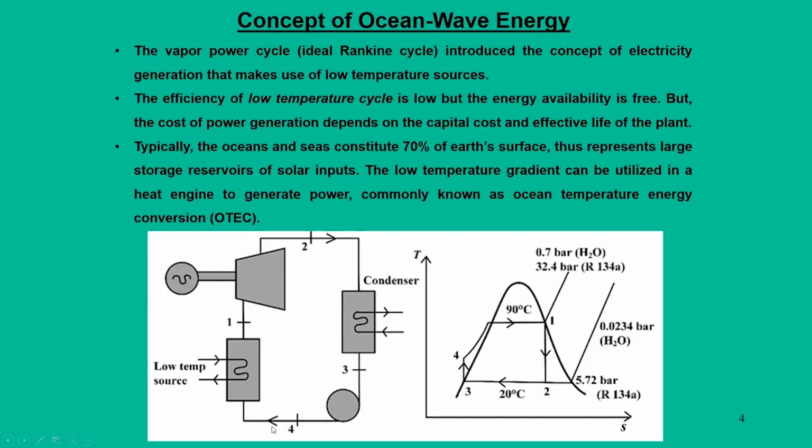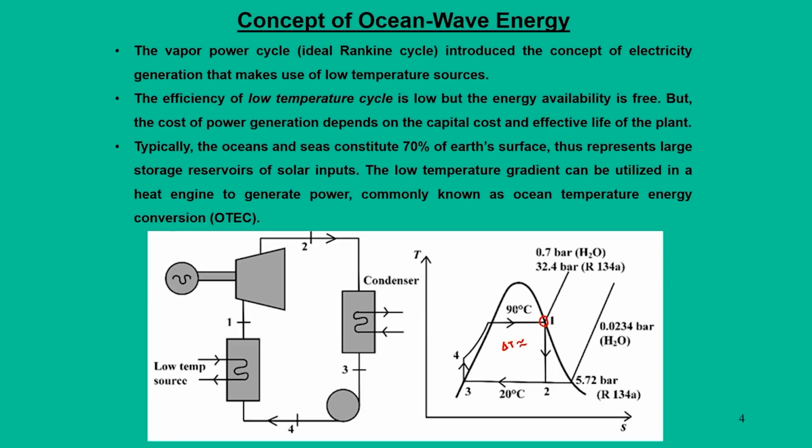So, if you look at a low temperature cycle, essentially we are looking at an expansion process in the turbine when the steam is exactly at the saturated vapor region and it expands in the turbine. That is one aspect. The second aspect is the delta T. Delta T difference is less.